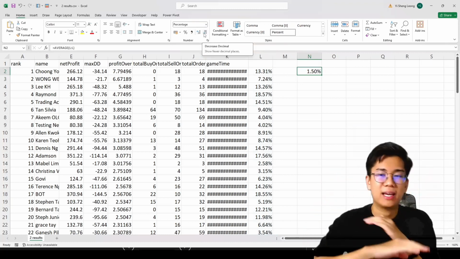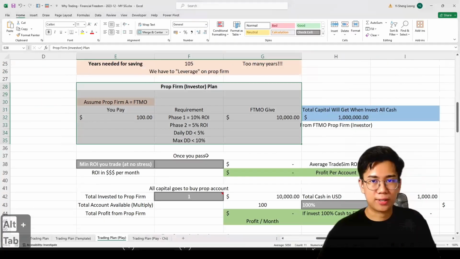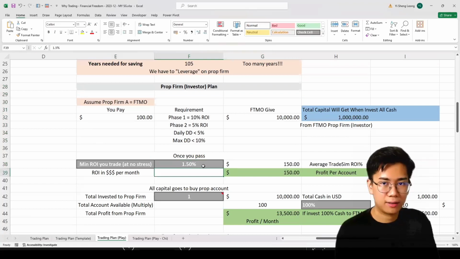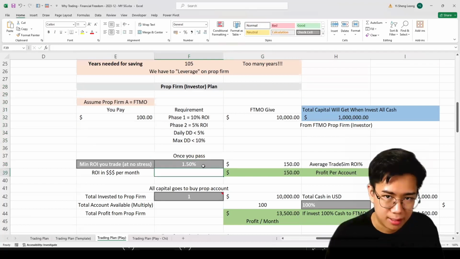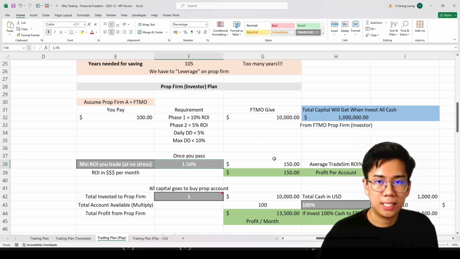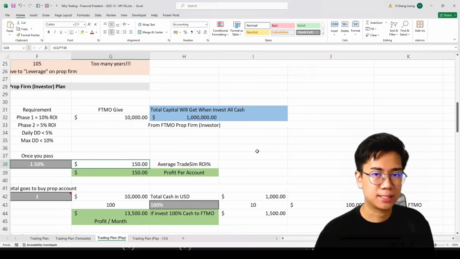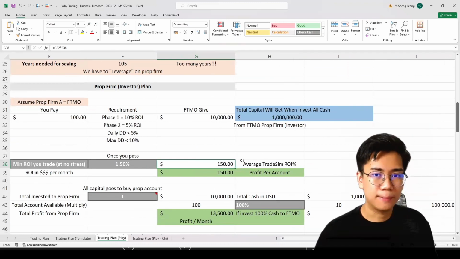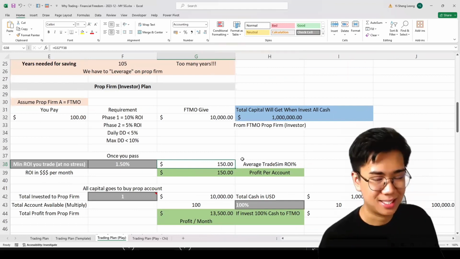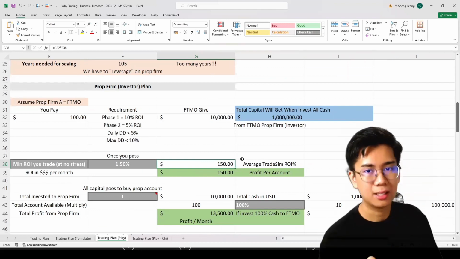I talk about the average of every single one of you. 1.5% per month. Meaning you just need to make 1.5% ROI per month, meaning you just need to earn $150 per month.